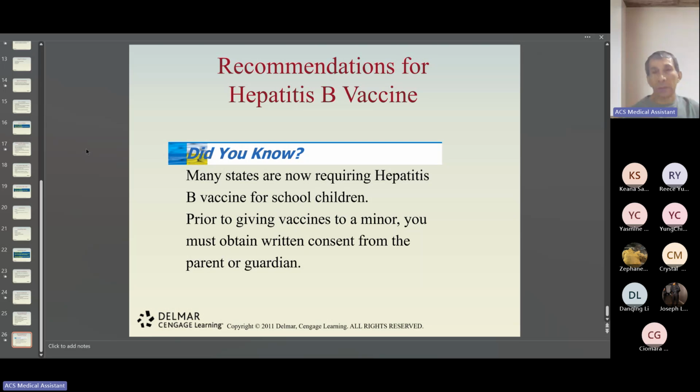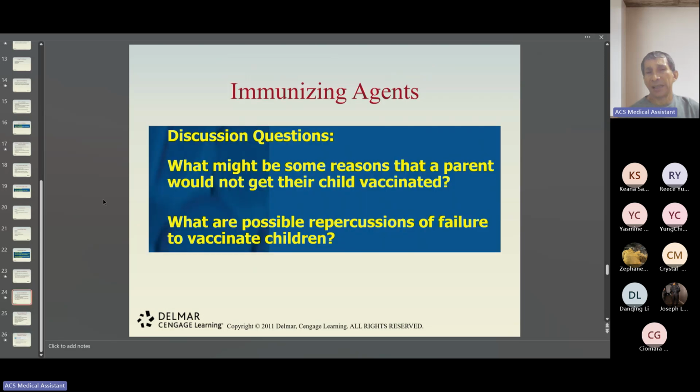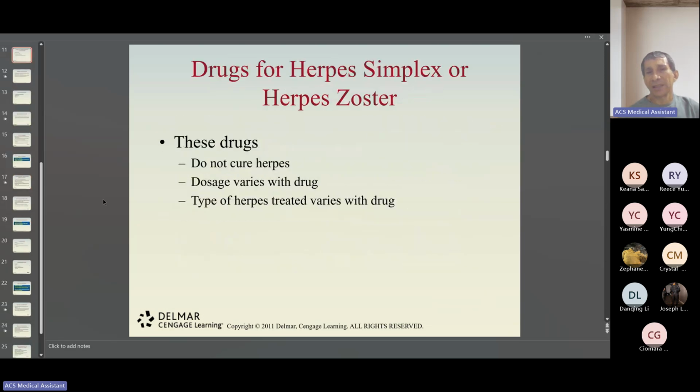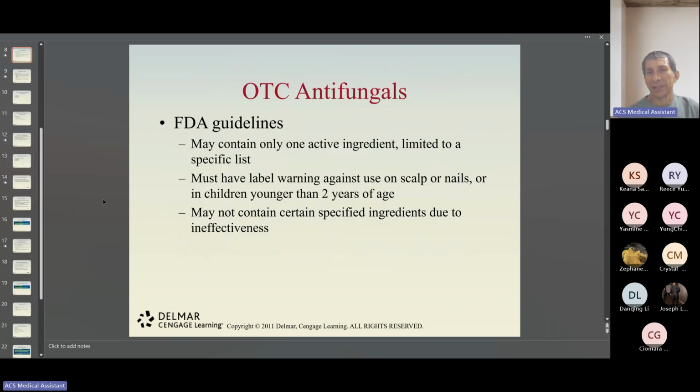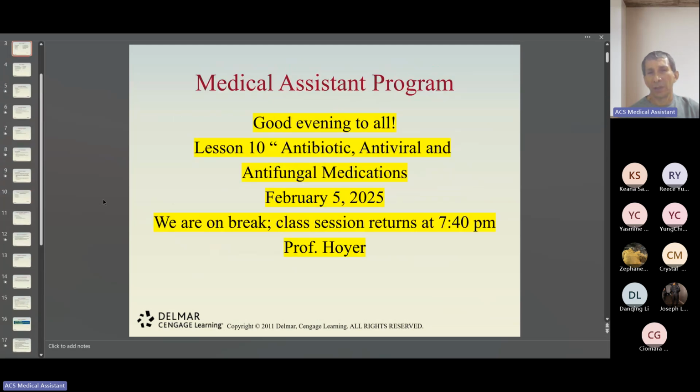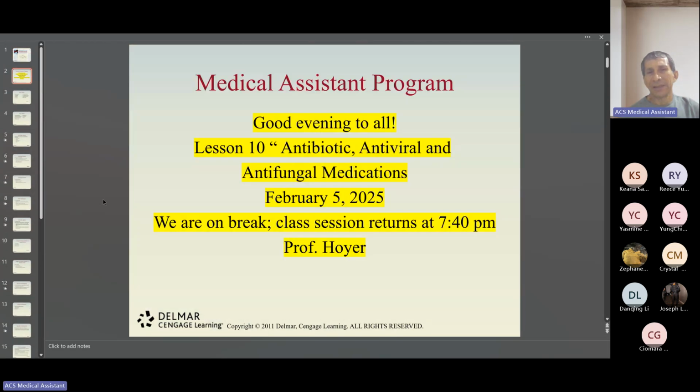Any questions about viral or antifungal medications? For antifungal medications, one of the things that they might ask is about candidiasis. They're just going to ask you, what is candidiasis? Oh, it's a fungal infection. That's it. Nothing else.